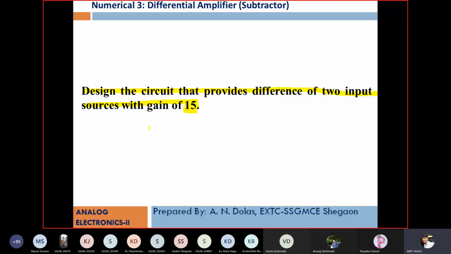Somebody from you may remind me the formula. Difference of two input sources with gain of 15. So what is the formula? Looking at the PPT, it will be very easy. It is a differential amplifier and subtractor. I have given the headings, so it will be very easy to remind.